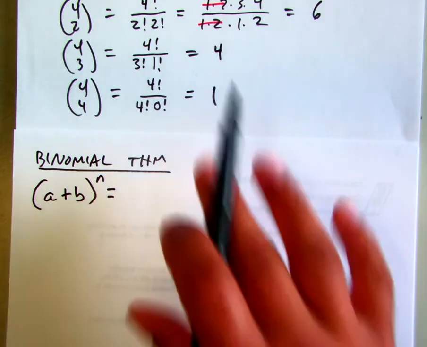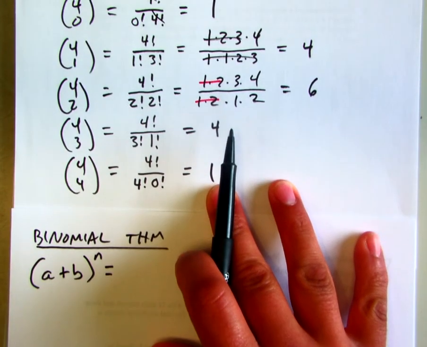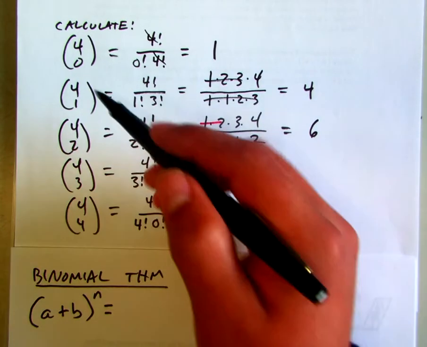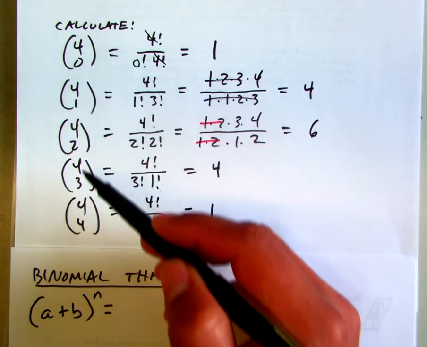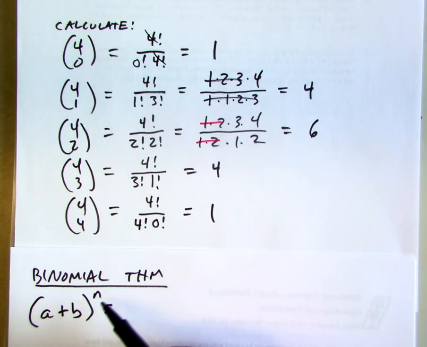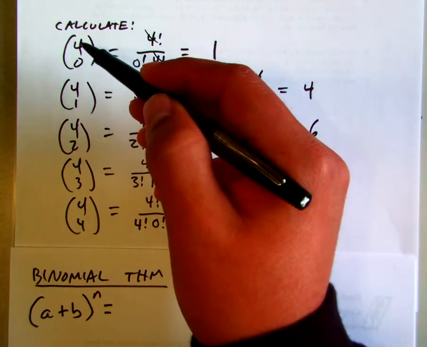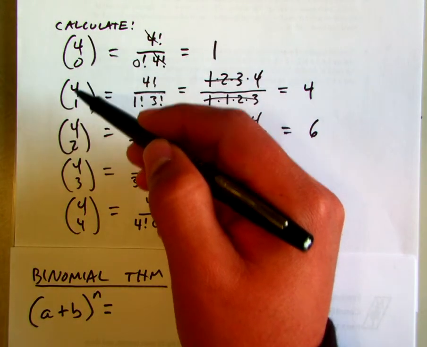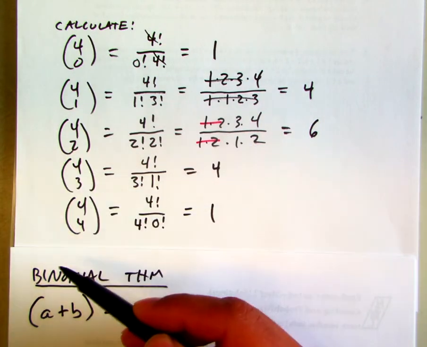But now that we kind of see a pattern here, in this situation, what was the exponent again? It was 4, right? And we just went up, 4 choose 0, 4 choose 1, 4 choose 2, and we worked all the way up till we got to 4 choose 4.